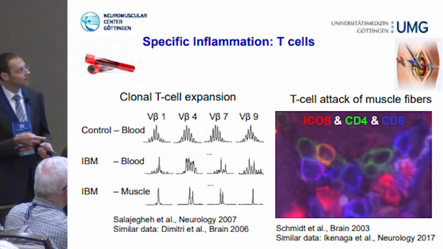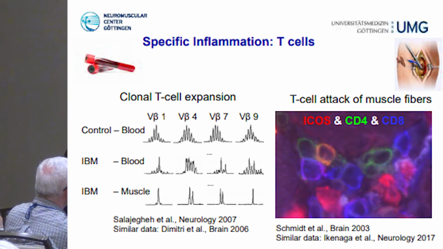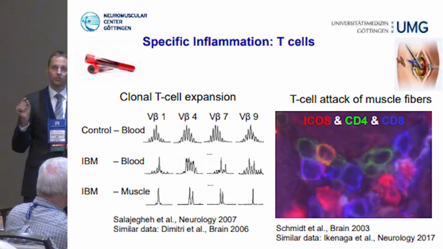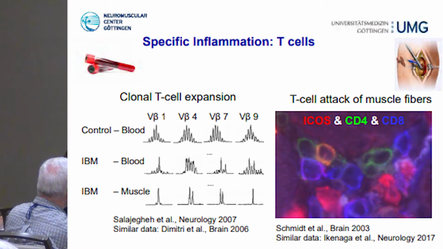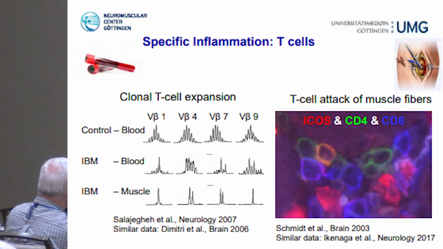With this spectratyping analysis, several investigators throughout the world have clearly shown that in the skeletal muscle and in the blood of patients with inclusion body myositis, we have a specific response of T cells, and that they clonally expand, that they grow, and that they're activated in the skeletal muscle, which means that these inflammatory cells don't just happen to be in the muscle by chance.